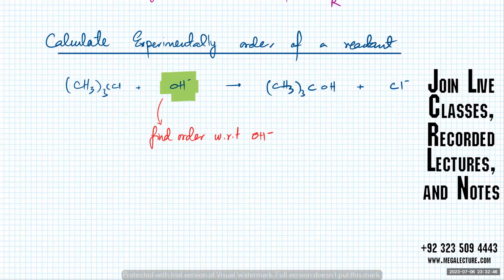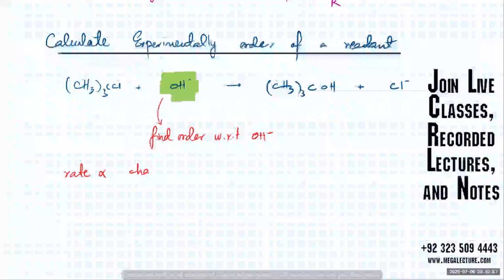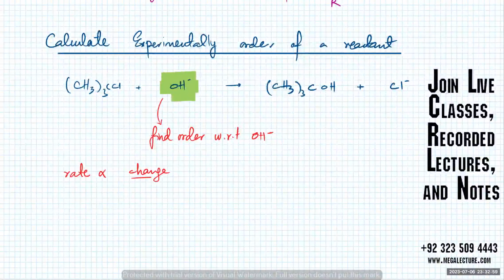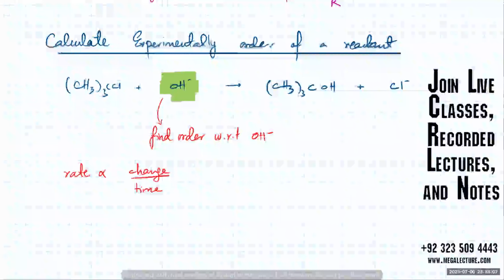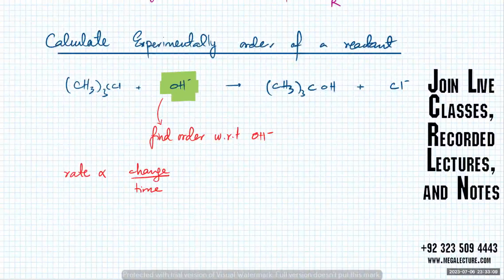what is rate? You have to think about it, that you have to measure rate, right? How does rate change? Rate was any change with respect to time. So in this experiment, what change can you actually measure or time with a stopwatch?